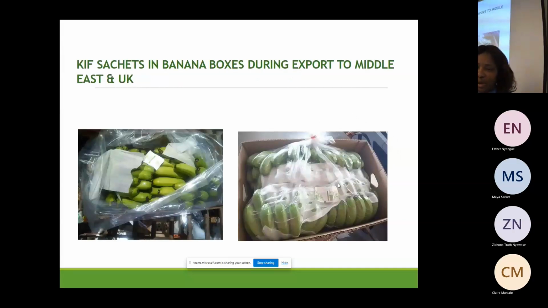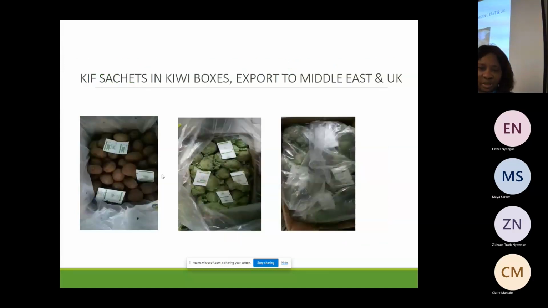And then examples of how these ones are actually done. You see this one again in bananas, so it depends on which company. They can either use strips or they can even use sachets to actually absorb ethylene from the boxes of packaged bananas. And then these are kiwi fruits.